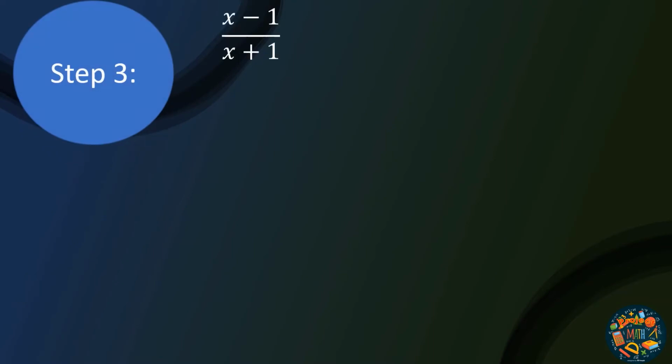Let us now solve the equation x minus 1 over x plus 1 equals 1/2. So first, find the LCD. The LCD is 2 times x plus 1. Then, multiply both sides by the LCD, 2 times x plus 1.